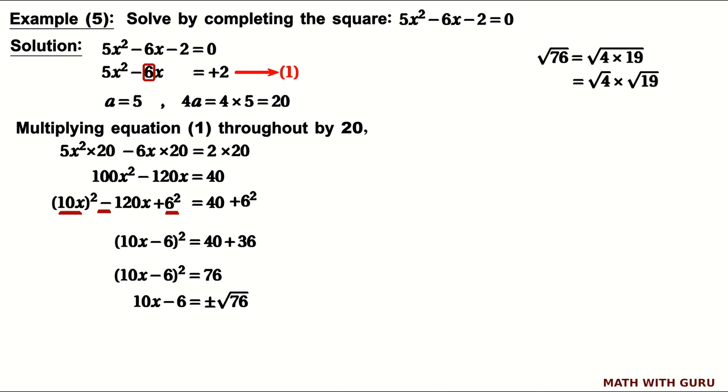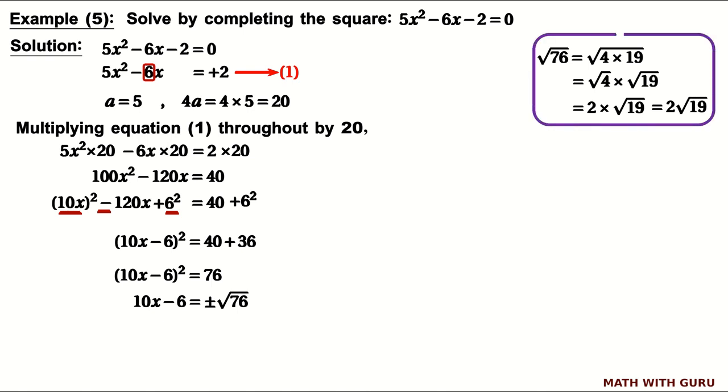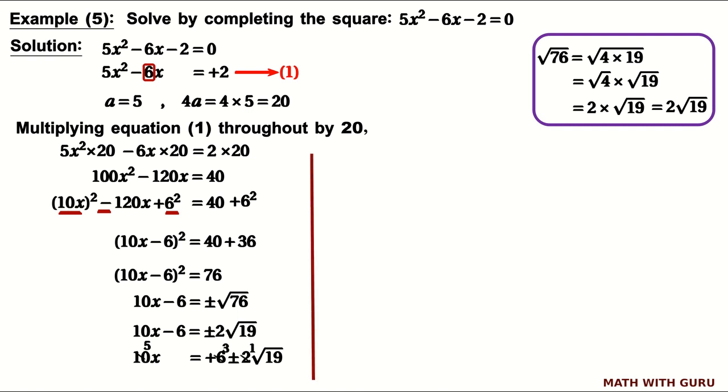Root 4 into root 19, that is 2 into root 19 equals 2 root 19. 10x minus 6 equals plus or minus 2 root 19. 10x equals plus 6 plus or minus 2 root 19. 2 is a common factor here. 2 5s are 10, 2 3s are 6, 2 1s are 2. 5x equals 3 plus or minus root 19. X equals 3 plus or minus root 19 divided by 5.